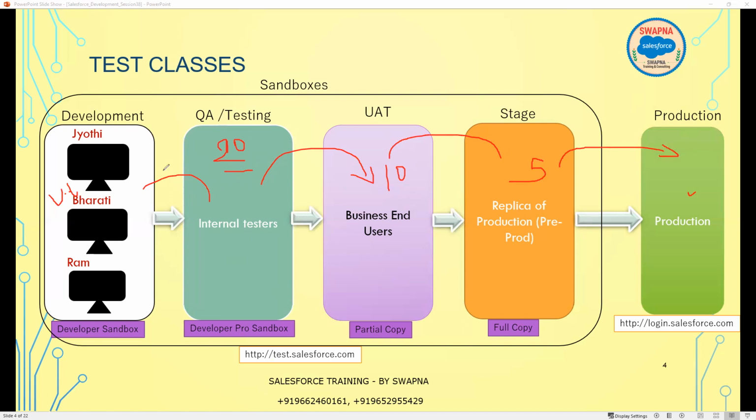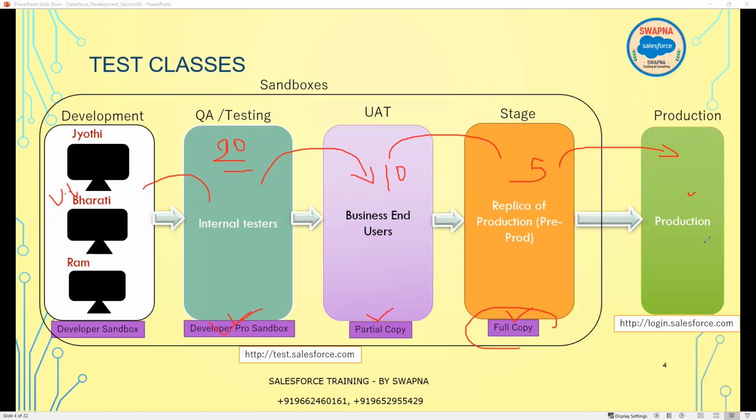That is why we have so many sandboxes, because they are different sandboxes. You might not see some issues that happen in the partial copy in the developer pro sandbox. The issues that happen in the full copy, you might not find in the developer pro or developer sandbox, right?